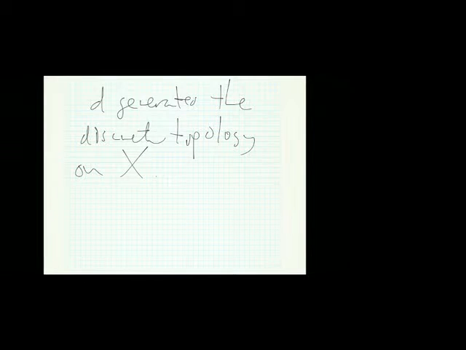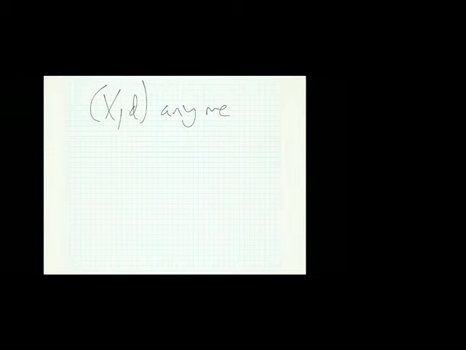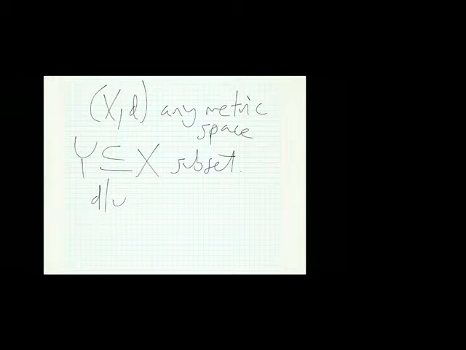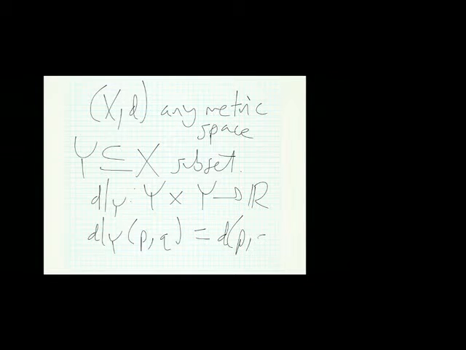Okay, we were also talking about subspaces. So let's move on and say, here X, D is any metric space, and Y is a subset of X. Well, what I can do is take D and restrict it to Y. I can use the metric on X to define a metric on Y, or I simply use the same formula, just on a subset of X. So we can ask, is this a metric on Y?